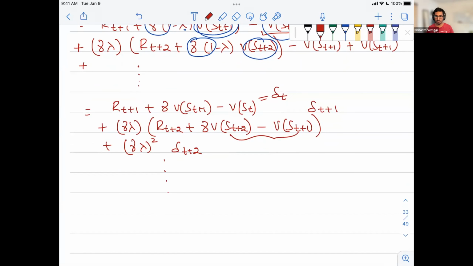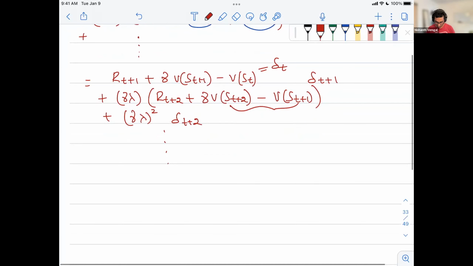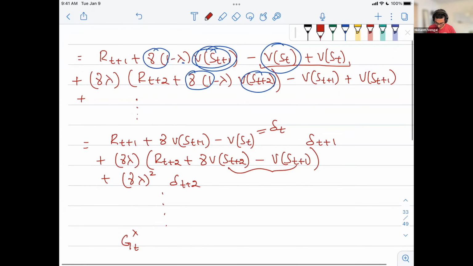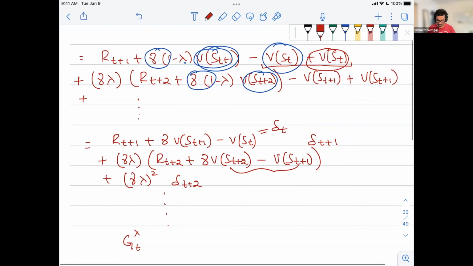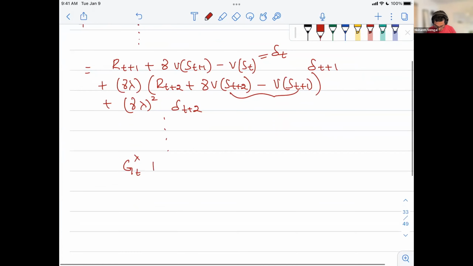So essentially what we have done is we had lambda returns and we grouped reward terms together and then grouped value terms together and we are writing lambda returns as a sum of TD errors. So essentially what we can do is G_t lambda plus V of S_t, because we can't group the V of S_t term anywhere, but all the other terms get cancelled.